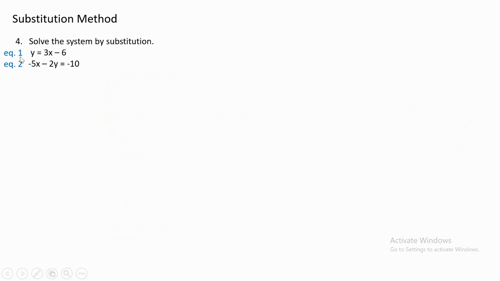By substitution, let's call the first equation equation 1, the second equation 2. Since y is isolated in equation 1, we have to substitute 3x minus 6 for y in equation 2. Since we already know the value of y, the value of y is 3x minus 6. So I'm going to plug that in right there for y.